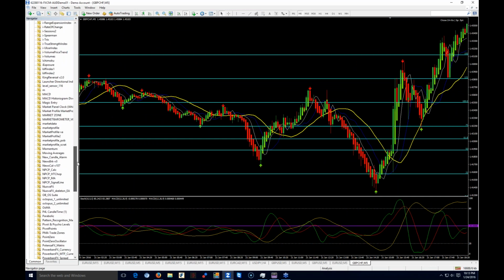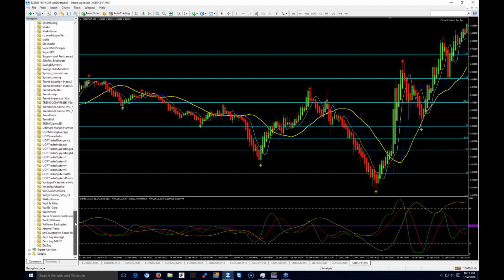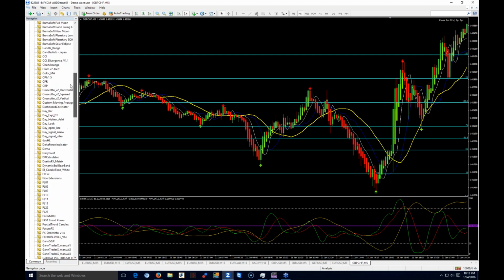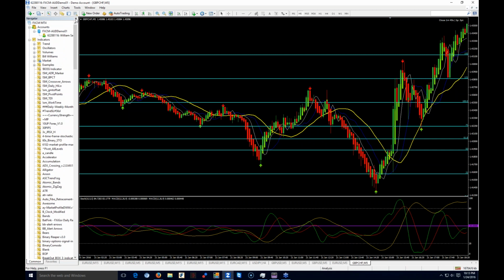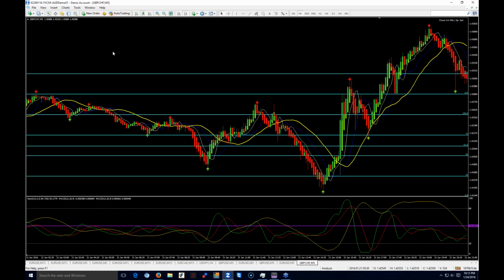Indicators, I know I've got about 315 indicators. I test different indicators, different templates, mainly to get market knowledge from it. That's all I want to care about, to get the knowledge behind why this is a good buy entry.